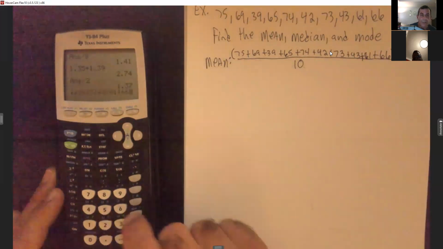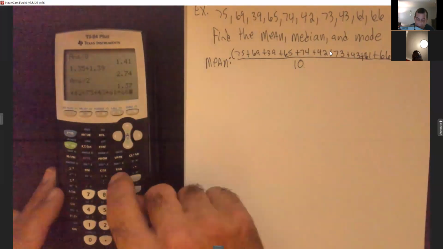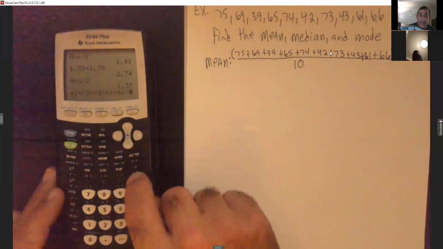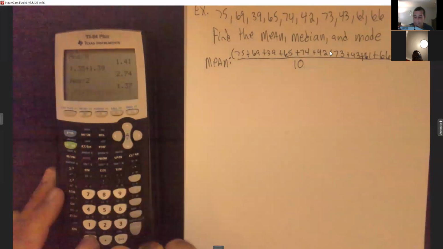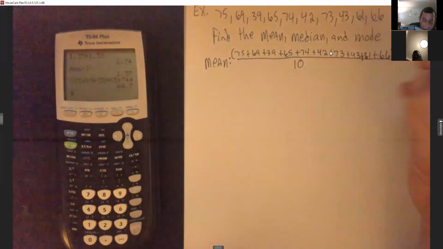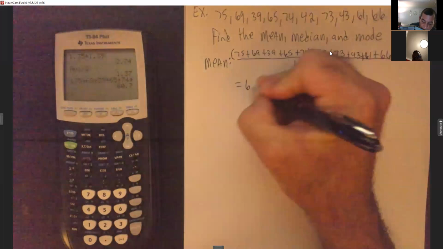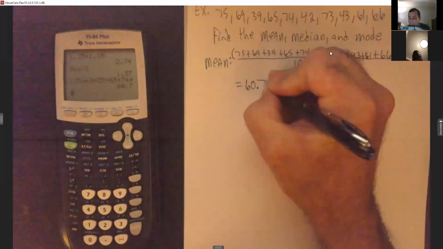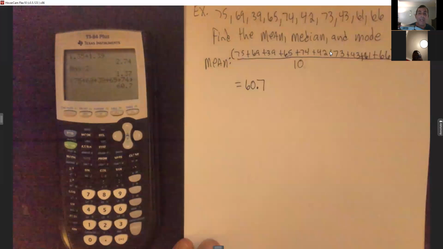I got all my numbers added. I'm going to close parentheses now and then divide by 10 because I had 10 scores. So y'all, let's see what that gives us. That's going to equal 60.7. So 60.7 is my mean.